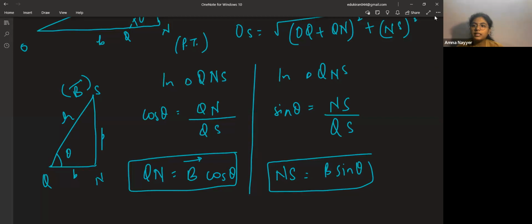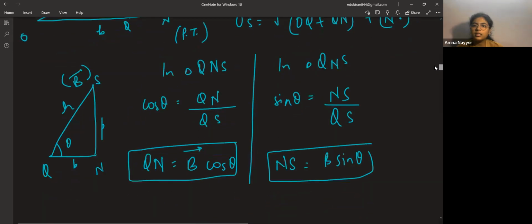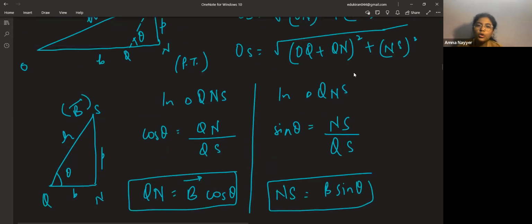Now look here, OQ plus QN plus NS. OQ was what? OQ is the vector A only. So do we have all the vectors formula in terms of this? OQ is vector A, QN is B cos theta, and NS is B sine theta. Let us put all these.